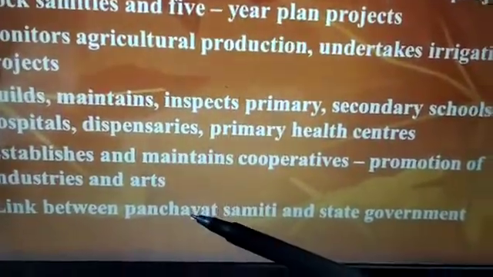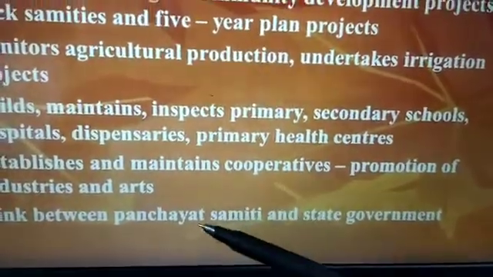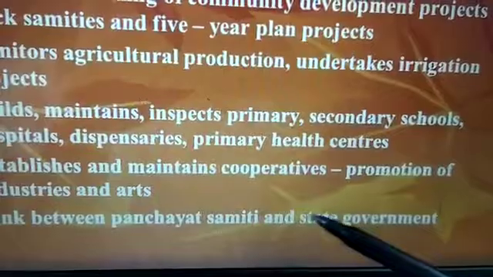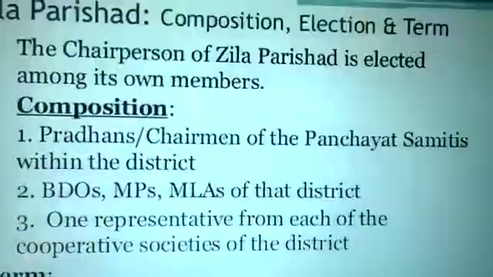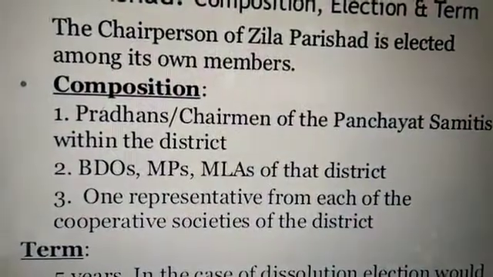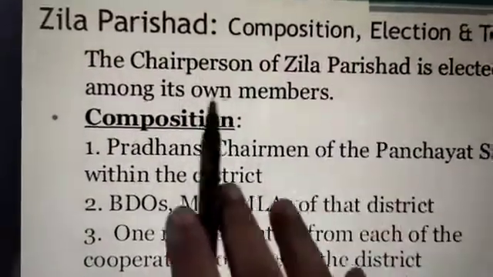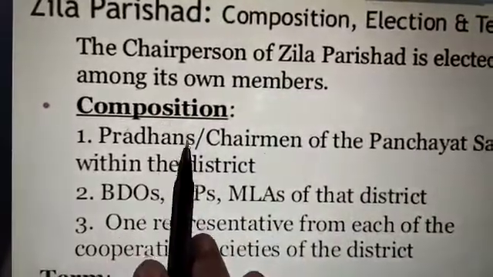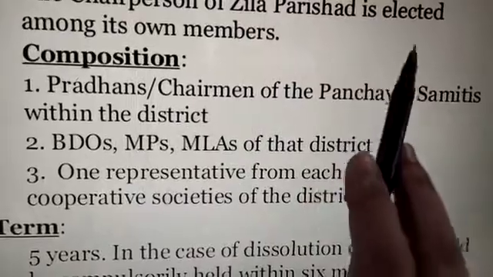Panchayat Samiti is the lowest form of government, and the Zilla Parishad is the link between these two, as it is at the district level. Zilla Parishad composition: it consists of the chairperson of Zilla Parishad, its own members, subpradhans and chairmen of the subordinate Panchayat Samitis.